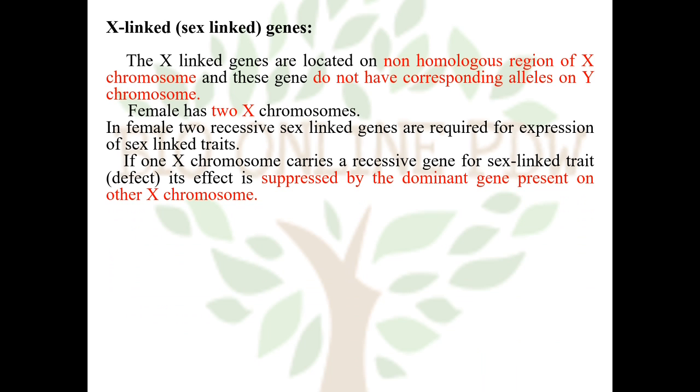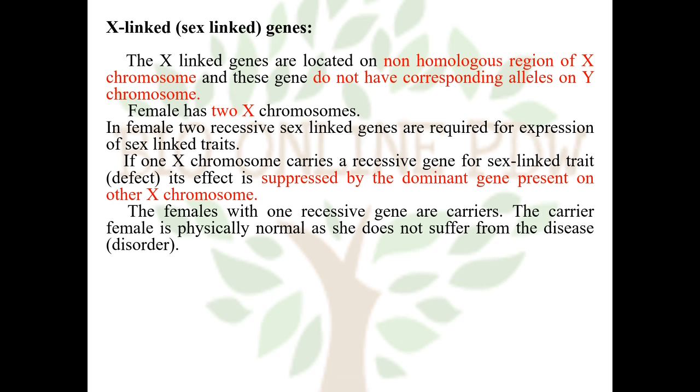If one X chromosome carries a recessive gene for a sex-linked trait or any defect, its effect is suppressed by the dominant gene present on the other X chromosome. The females with only one recessive gene are called carriers.